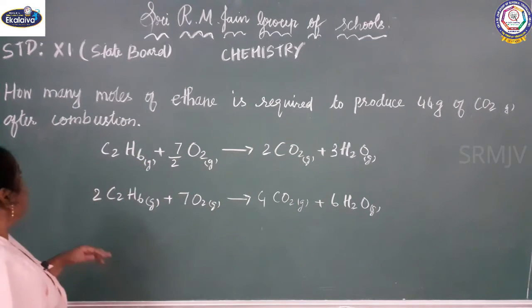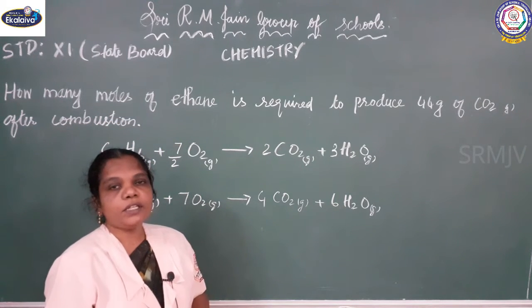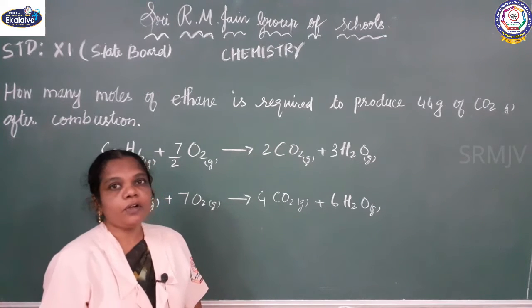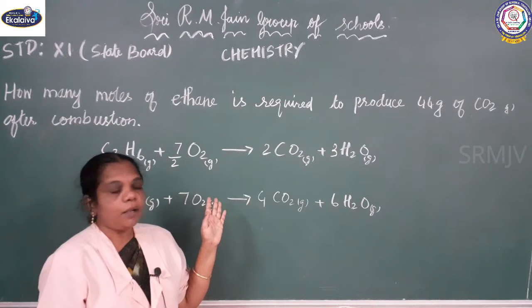Now what you want to find out is how many moles of ethane are required to produce 44 gram of carbon dioxide. Now you want to calculate based on the number of moles.